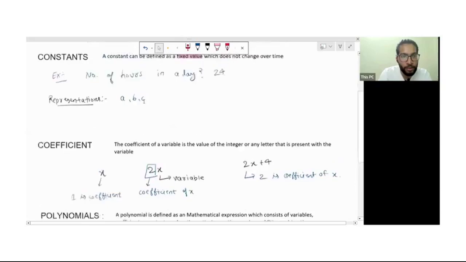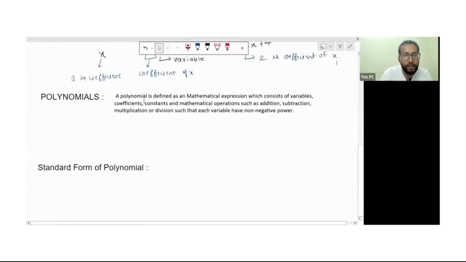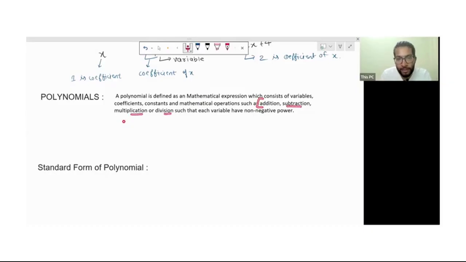Okay, so if all these three things, variables, constants, and coefficients are clear, then we are ready to define the term polynomial. And it's the starting of our chapter. So as it is written there, a polynomial is defined as a mathematical expression which consists of variables, coefficients and constants, and mathematical operations such as addition, subtraction, multiplication or division, such that each variable should have non-negative power.